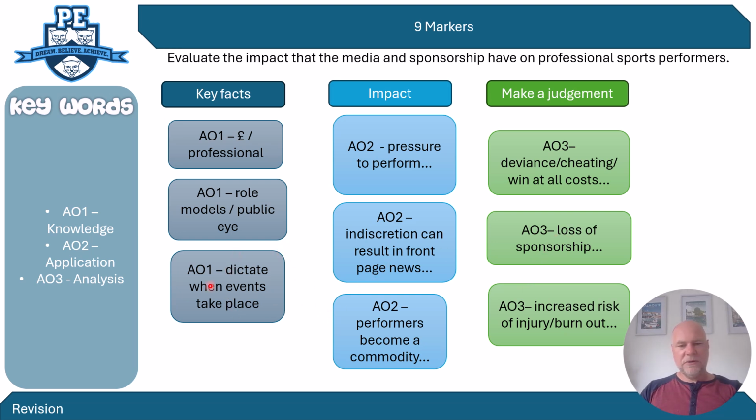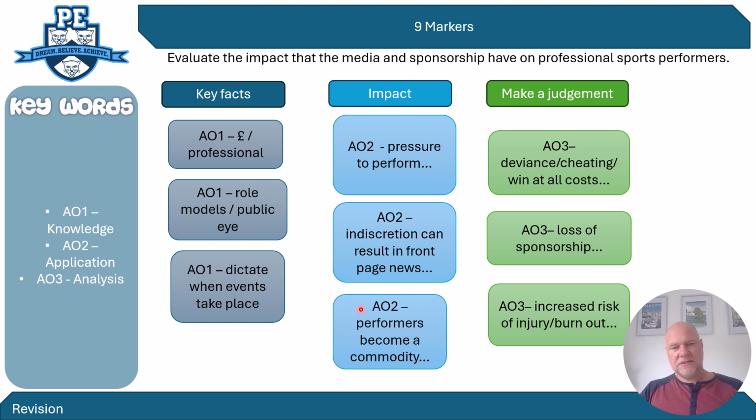And then if we're talking about the fact that media and sponsorship companies can dictate the events that sports performers have to go to, this means that the performers are a commodity. Now, a commodity is something that has value, something that can be bought and sold. They're not looked at as people, they're looked at as a profit-making item.